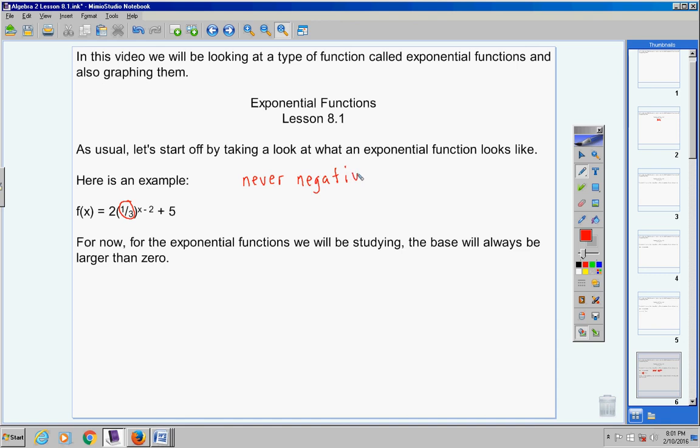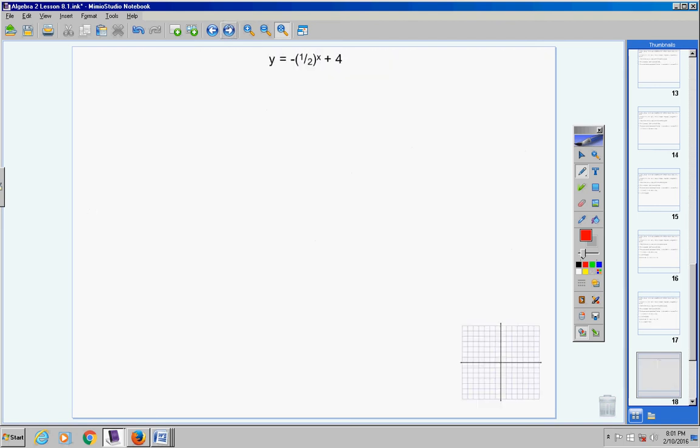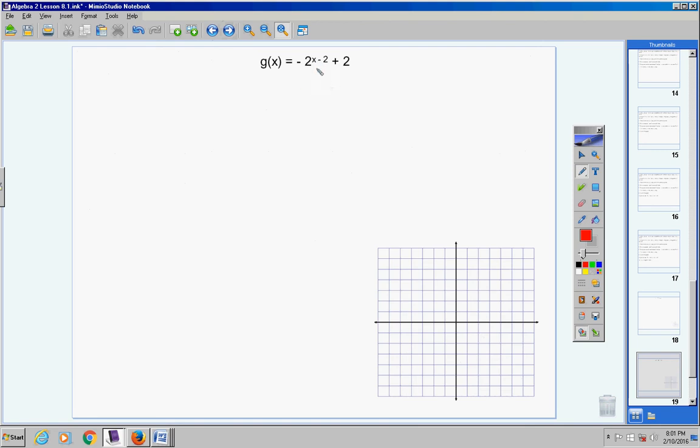Now, I want to challenge you on your own free time because you love math so much, and of course I'm joking, but if you have the time, later on we're going to learn how to graph these, and after we learn how to graph these, you ought to take one and make your base negative. Now here your base is not negative, just trust me, it's not. We'll talk about this later, but you ought to try one where your base is negative.